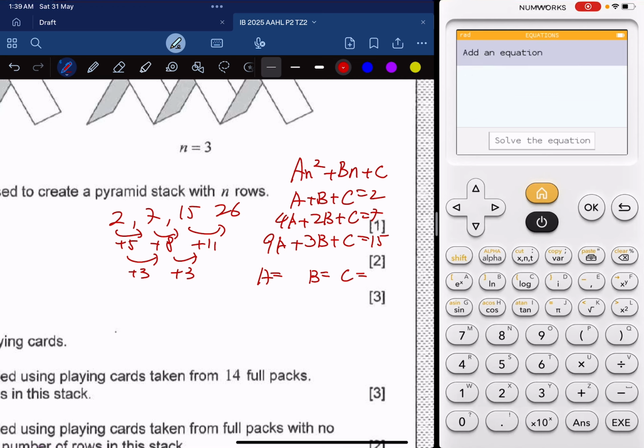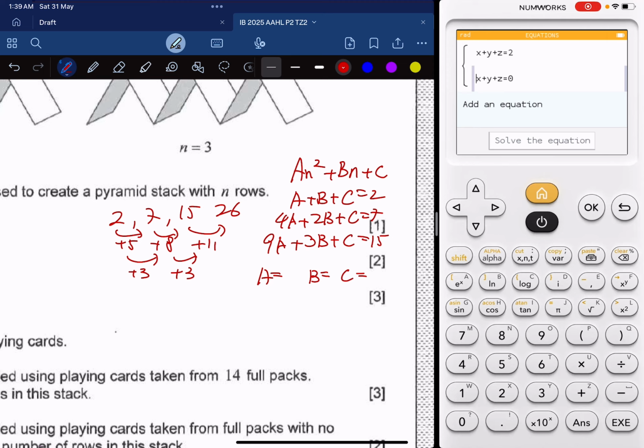Okay, so let me try. Add an equation. Let me try to reset it. An equation, so x, y, z, right? So it's 1, 1, 1, right? So 1, 1, 1 equals 2.